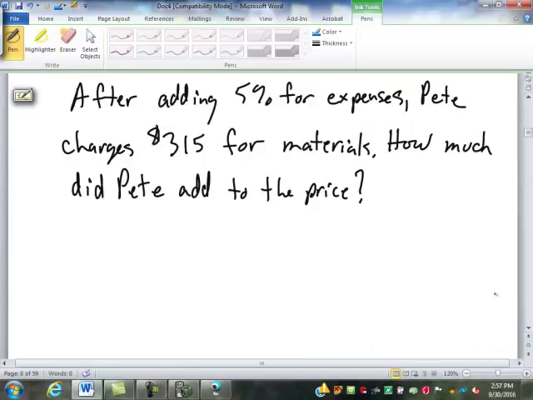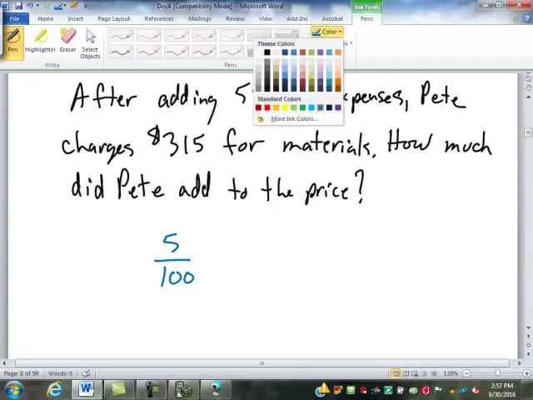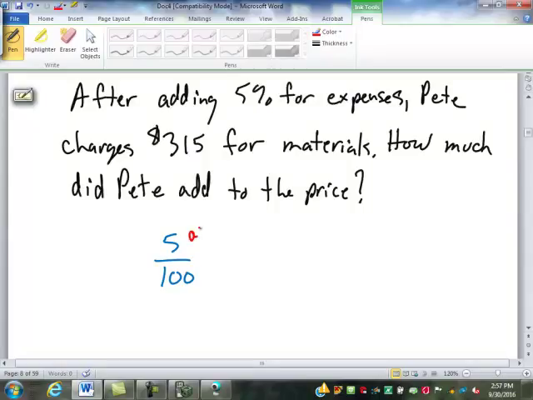So how many of you got $15.75? Okay. Well, I know exactly what you did wrong. That's not the right answer, no. But that's what I expected you to get. When you jump into this one, 5% is 5 over 100. That 5 represents the amount that Pete added, right?